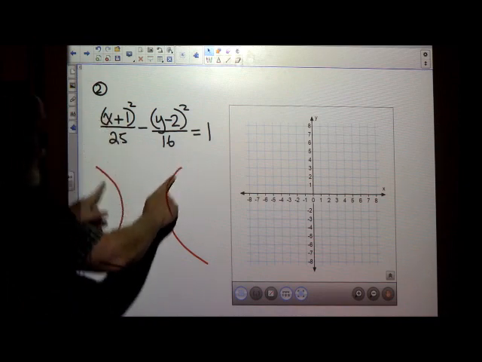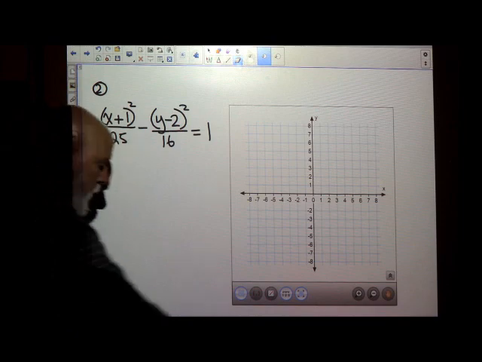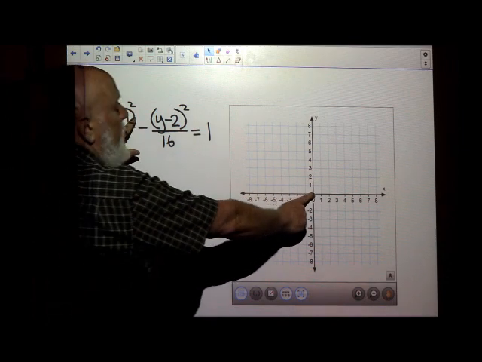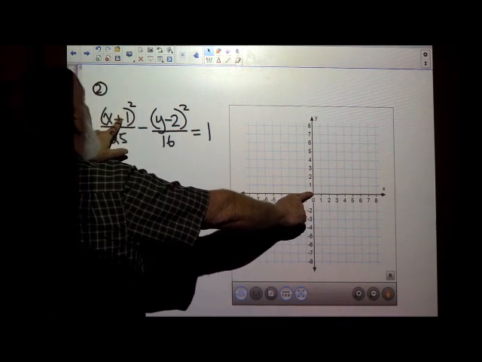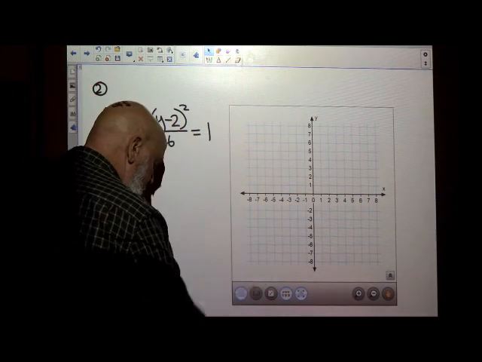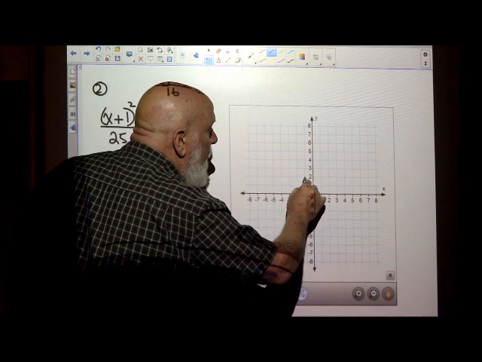X comes first, so this one's going to open sideways, it's going to open left and right. What I'm going to do, just like I did with ellipses, is take the center of my hyperbola from the origin. I'm going to go 1 to the left and up 2. That's the center of my hyperbola there, 1 to the left and up 2.